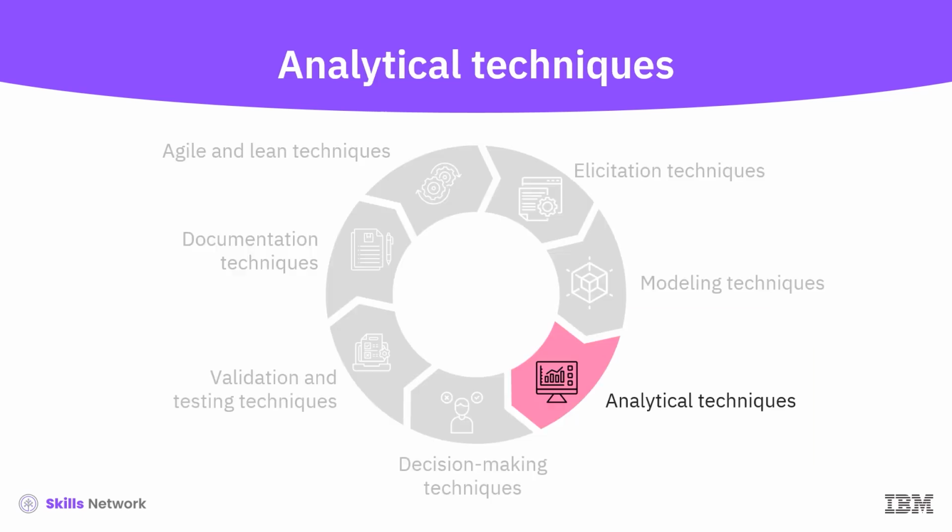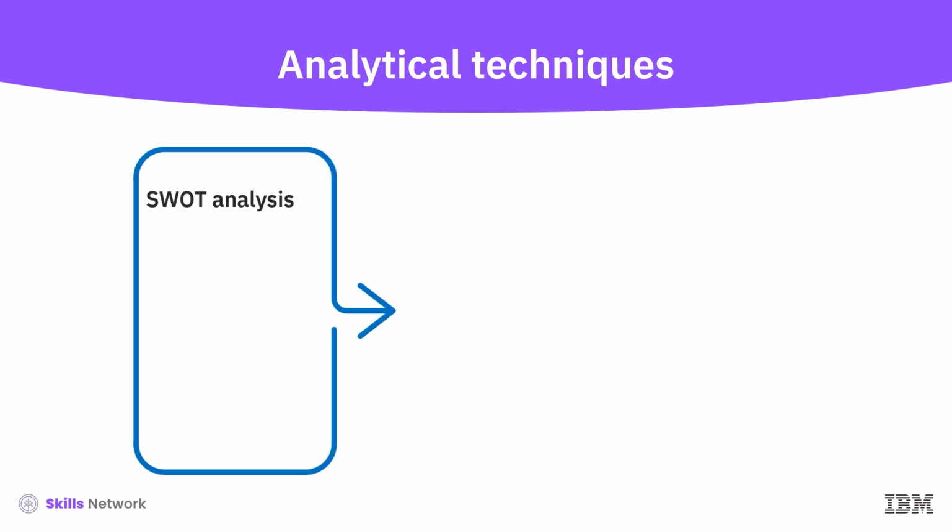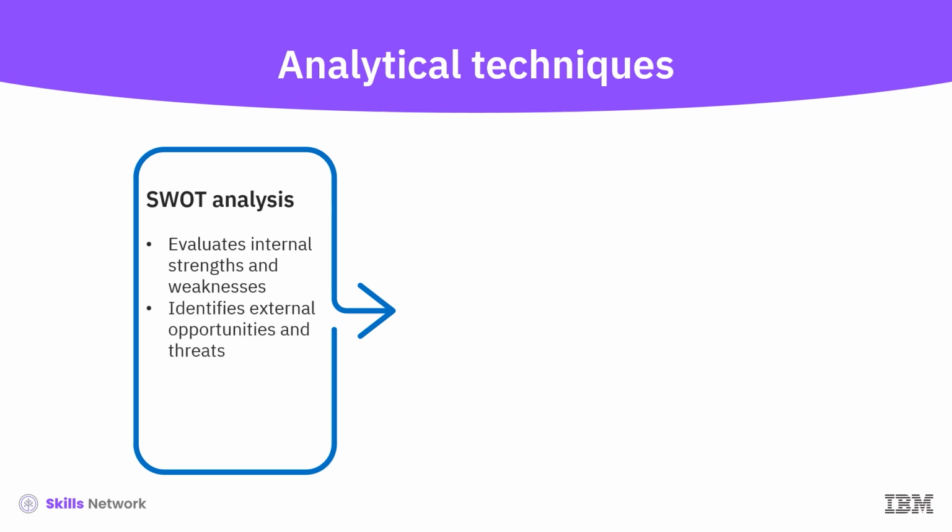With models in place, analytical techniques become crucial for data evaluation and decision-making. SWOT analysis stands for strengths, weaknesses, opportunities, and threats. It evaluates a business or project by identifying internal strengths and weaknesses alongside external opportunities and threats. This comprehensive evaluation helps understand the strategic position and potential challenges.